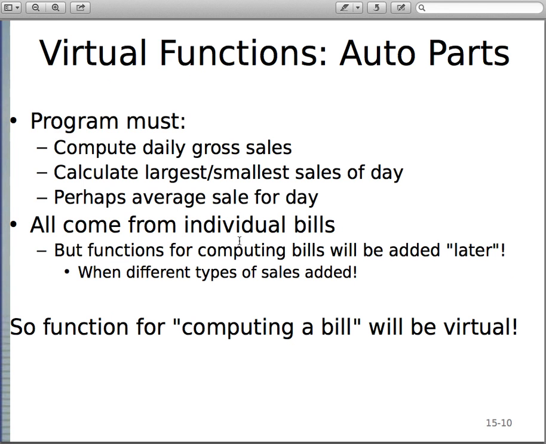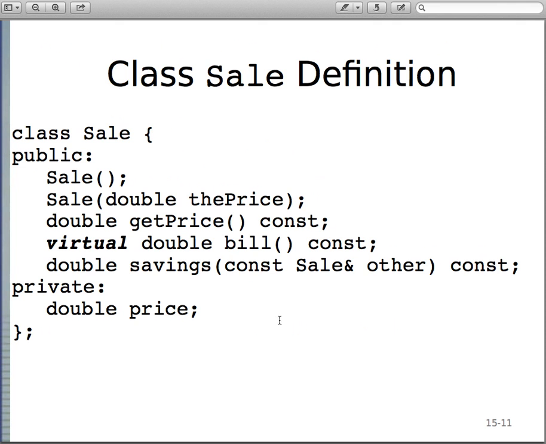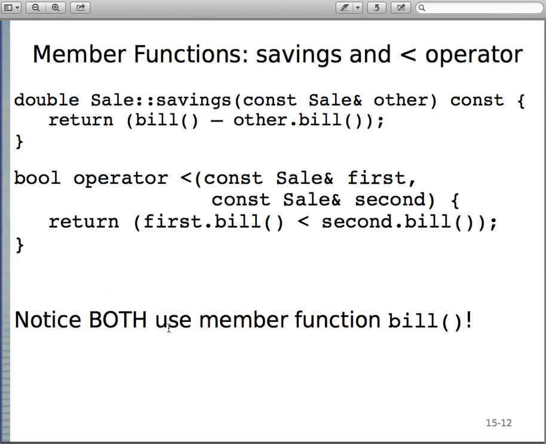We want to be able to compute all this information about the individual bills, and so to compute this bill we use a bill function which we will make virtual. And then there's a savings method that, as you can see from the const here, doesn't change this data member, it just figures out some savings. Okay, so simple basic class.